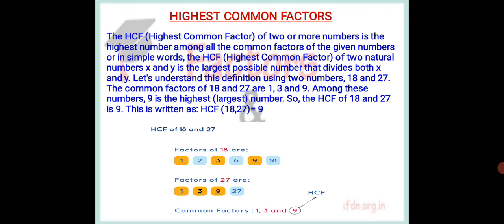So make a series: 1, 3 and 9. What are we getting? 9 is the highest common factor. So I think, children, your concept of highest common factor is now clear to you.